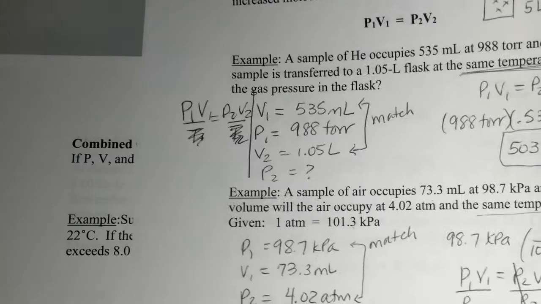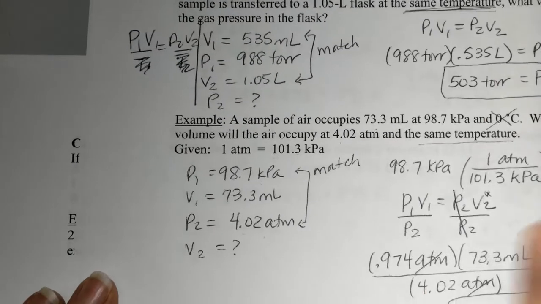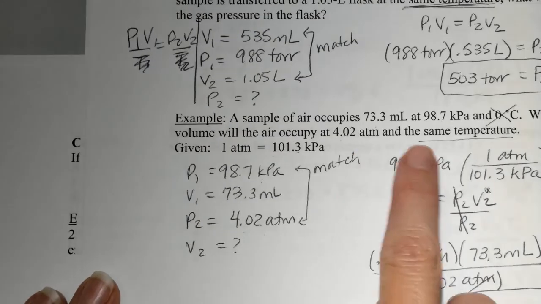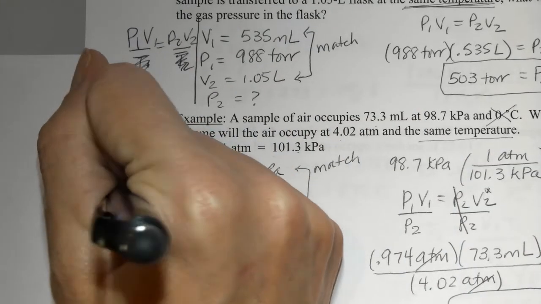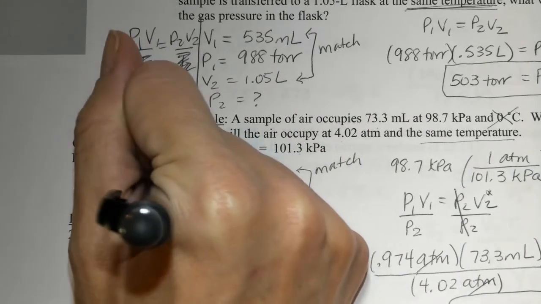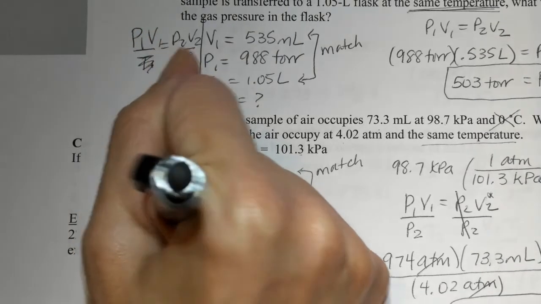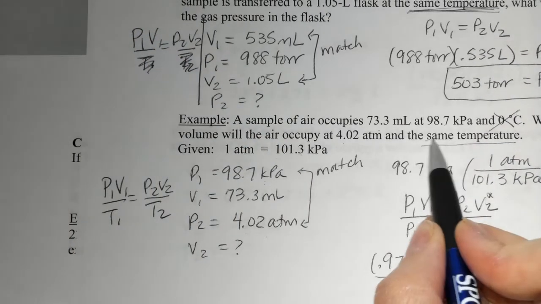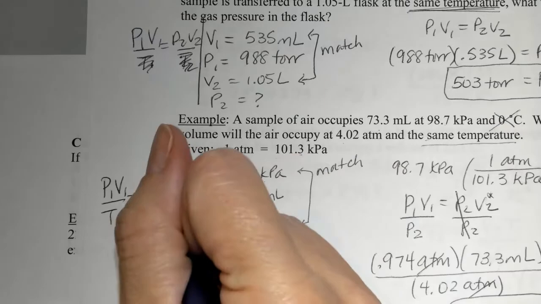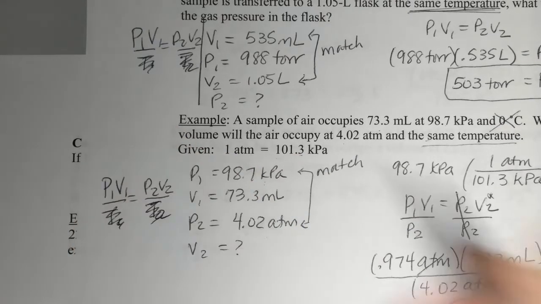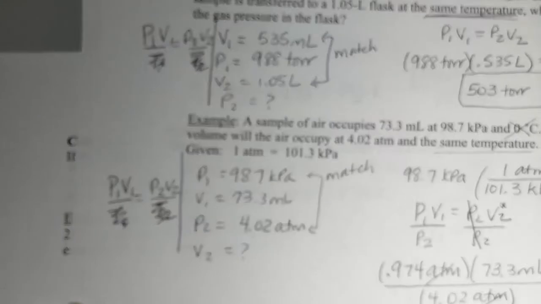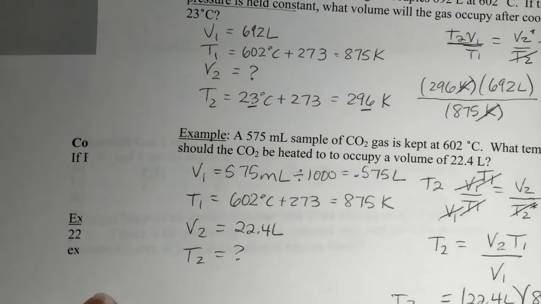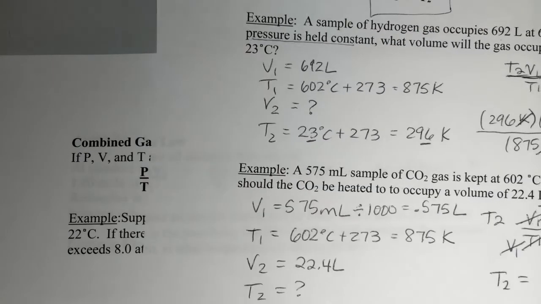So same thing with the next example, right? I can see that my pressure is changing. I want to know what happens to volume. So since I'm having a change in conditions, I can start with that combined gas law. And then when I look at that, it again says the same temperature. So that means temperature is going to cancel out, right? And I just have now a Boyle's law problem. But anytime there's a change in conditions, I would say start with P1V1 over T1.